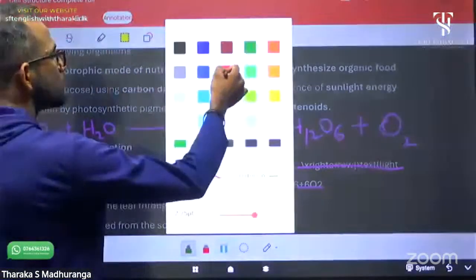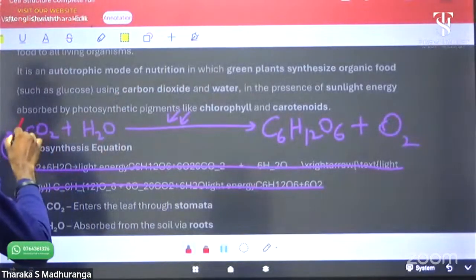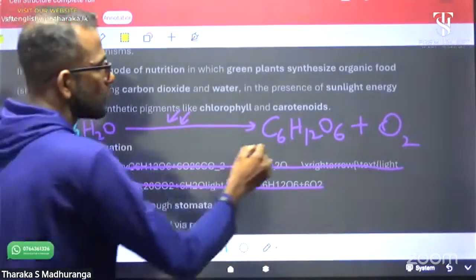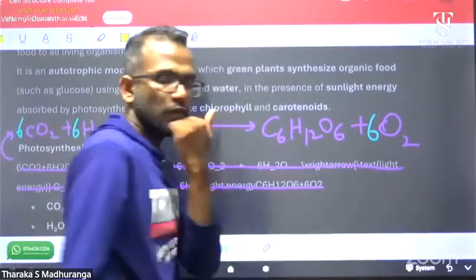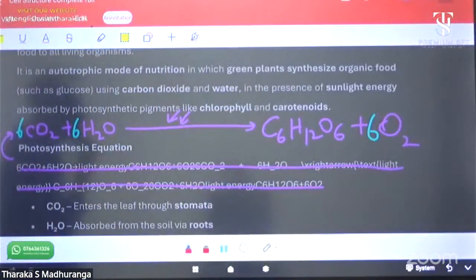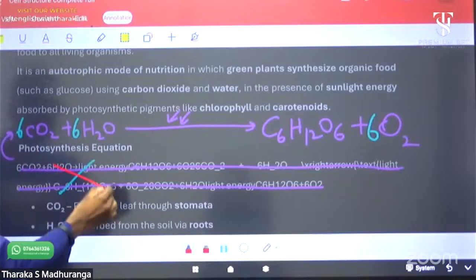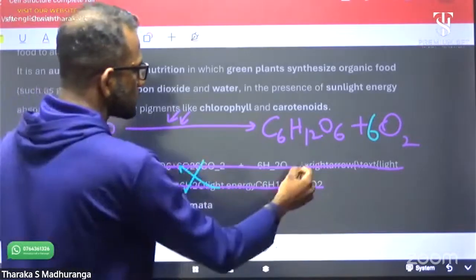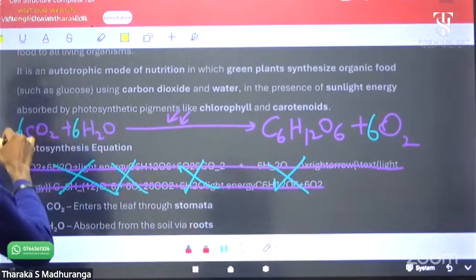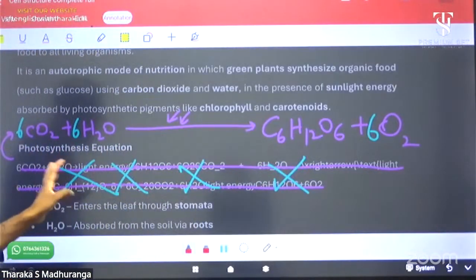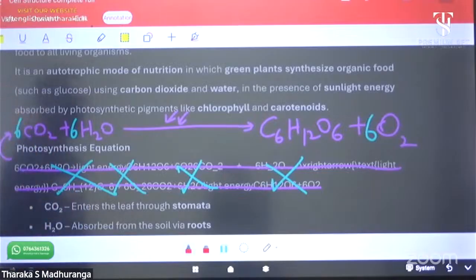If you want to balance this equation, you can add 6, 6 and 6. Now it is balanced. Okay, this is the photosynthesis equation. The earlier one was a mistake. This is the equation. Clear? Cancel the old one, then note down this.